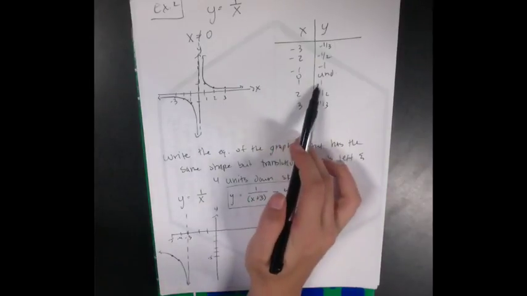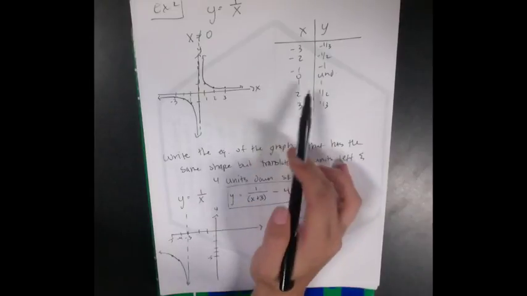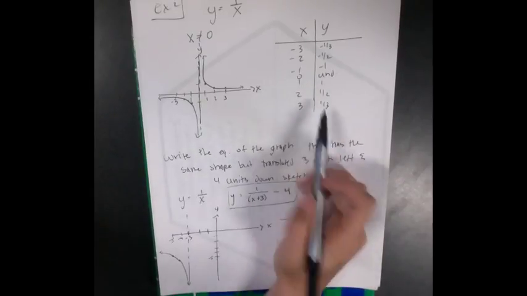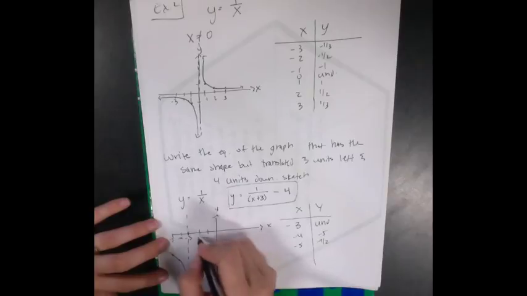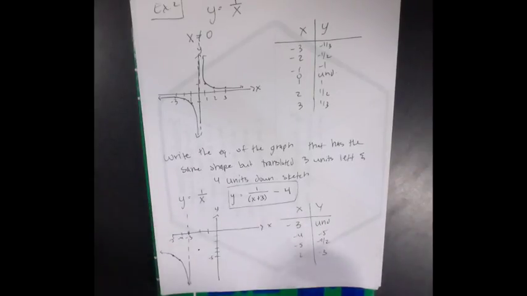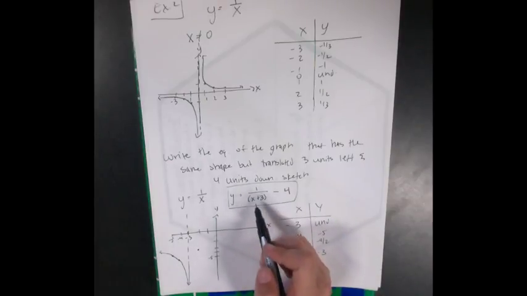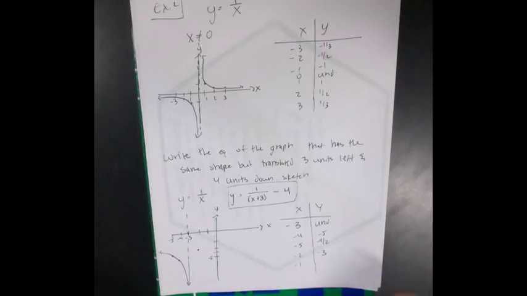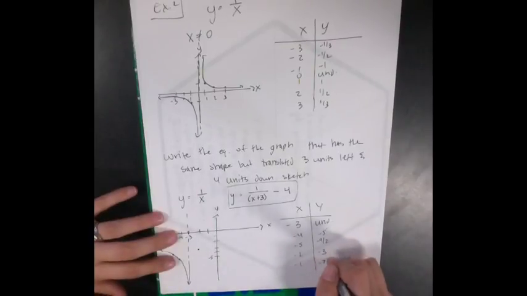Now, my 1, 1, I move to the left 3, so I'll have -2, and I move down 4, I'll have -3, so -2, -3. And then at -1, if I plugged in -1 here, I would have 1/2 minus 4, which is -7/2.